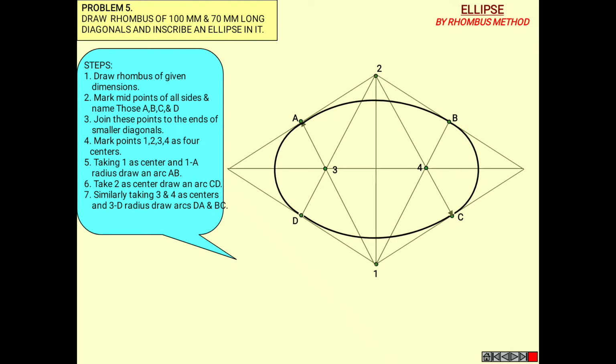I think this is a very simple method. You just note down the question and the steps involved in it. We'll see it again.